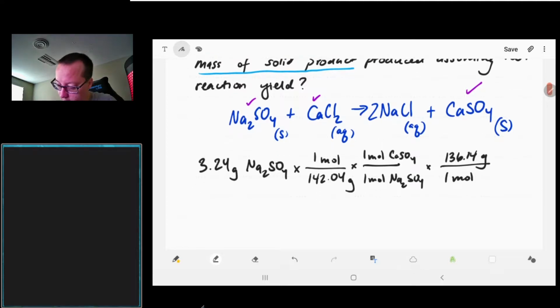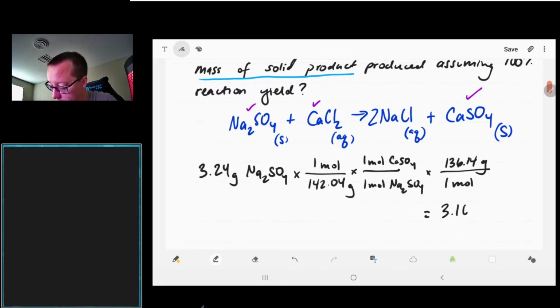So, doing all this lovely math, our favorite thing, 3.24 times 136.14, we get 3.105 grams. Okay, cool. So that's one of them down.